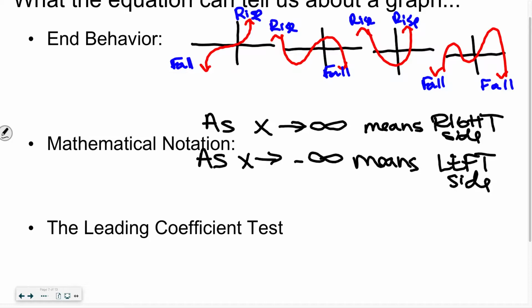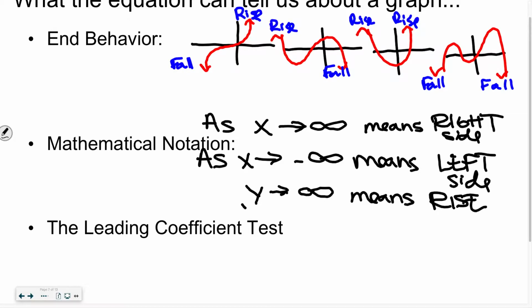And then we're going to describe what y is doing. So y can go towards positive infinity. What would that mean your graph is doing, in terms of your arms? Rising.